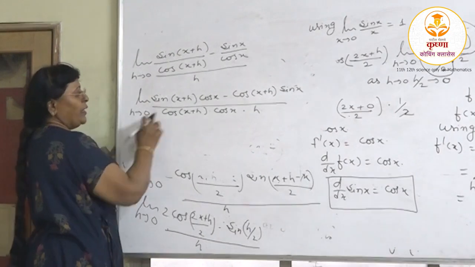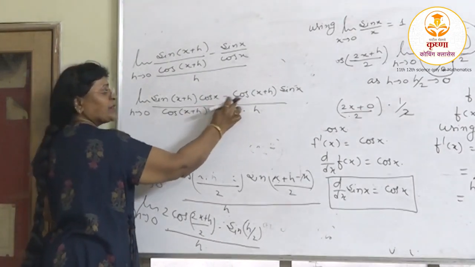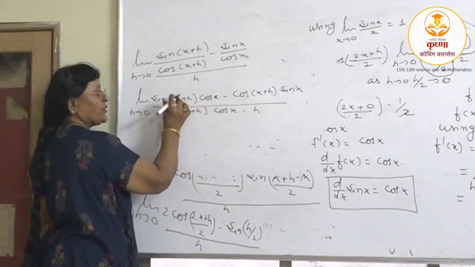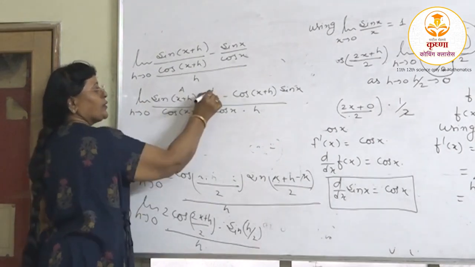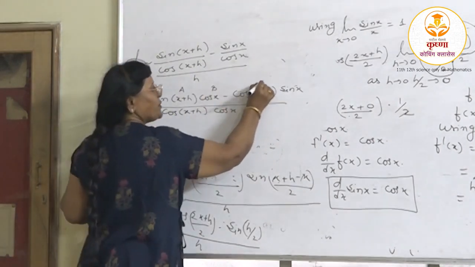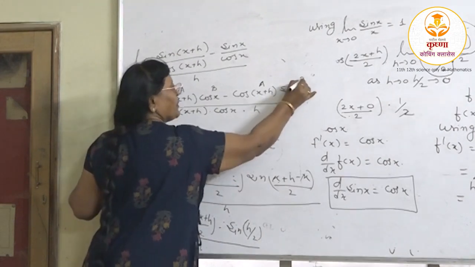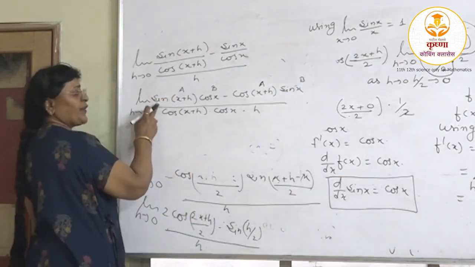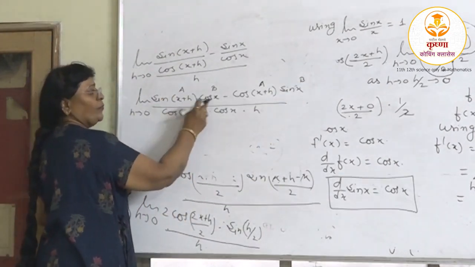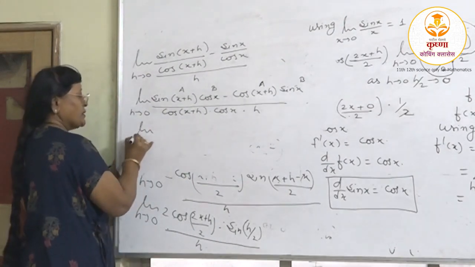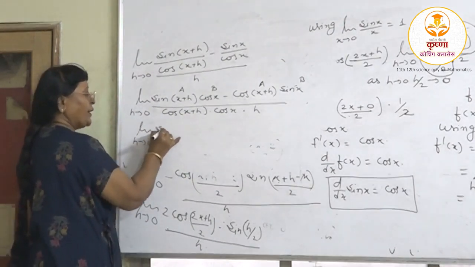Again you know the formula sin a cos b minus cos a sin b. Here you have to consider x plus h as a and x as b. Therefore, this becomes sin a cos b minus cos a sin b, which is the formula of sin of a minus b.